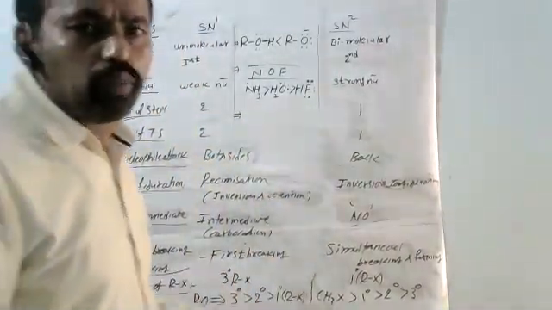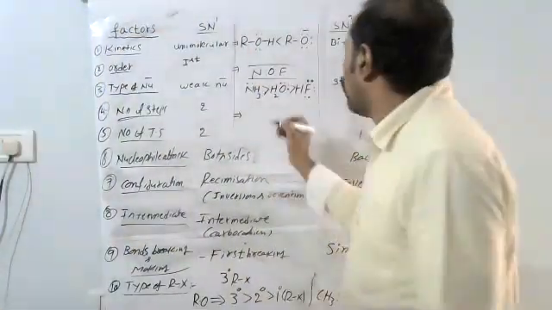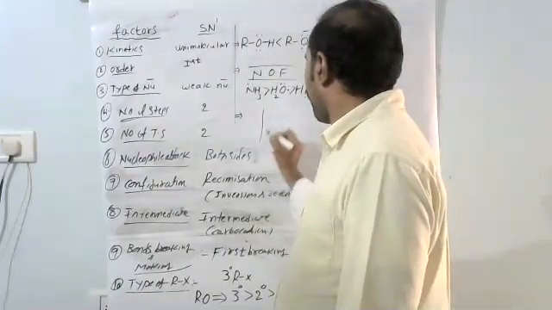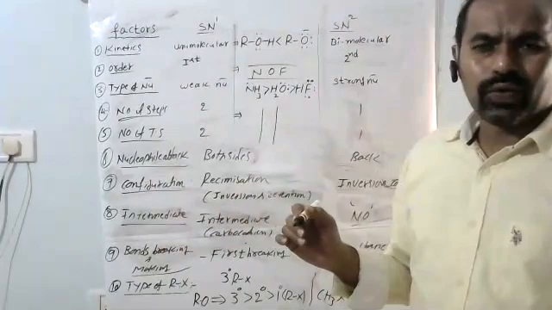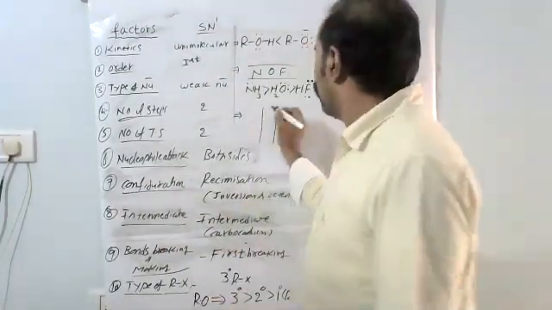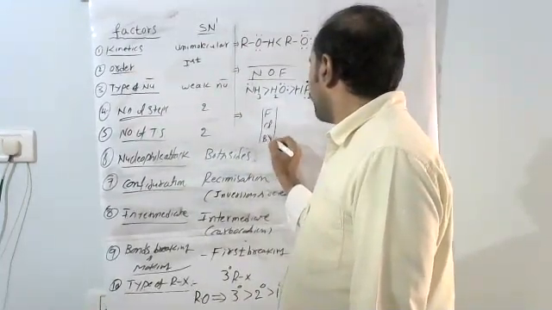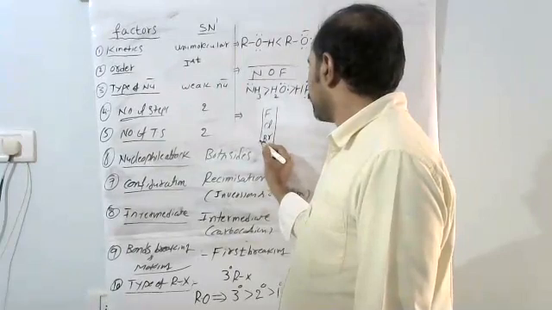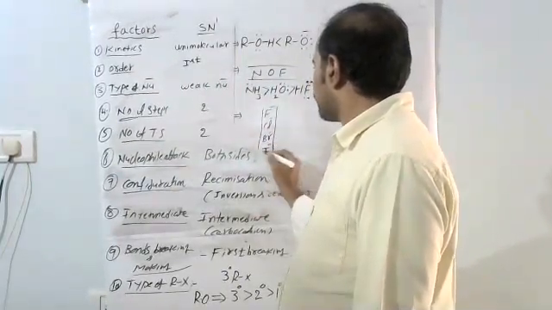One more point. In a group, any group. Group means vertical columns are called groups. Going down the group, top to bottom, for example fluorine, chlorine, bromine, iodine, that is F minus, Cl minus, Br minus, I minus.